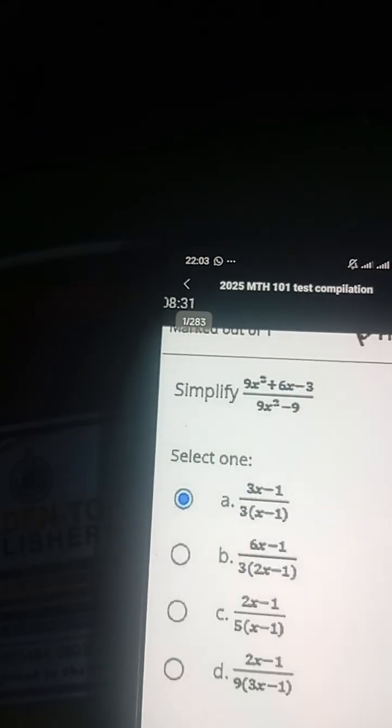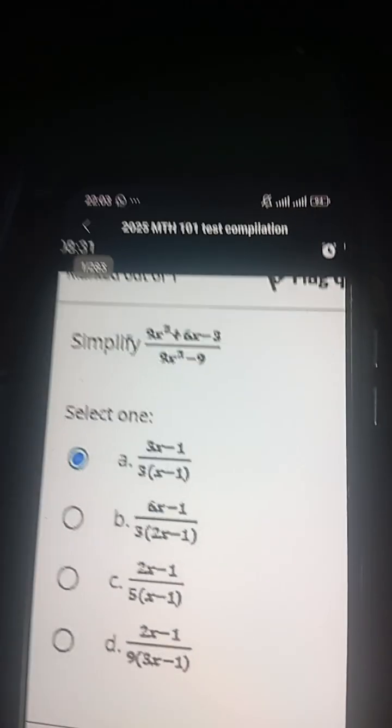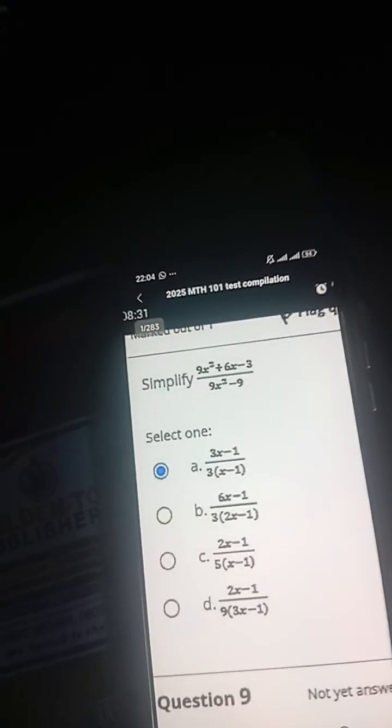So you put colon again, alpha and this. What is the next option? 6x minus 1 over 3 into bracket 2x minus 1. So you put it. That's how you keep pressing it. But I won't do it up to option D, because we know the answer is A according to what they chose here. But let's use the calculator to solve A. If it's option C too, you repeat this and the same thing.